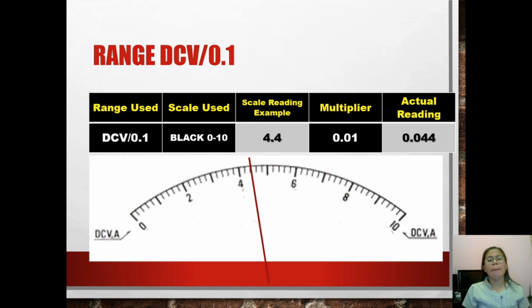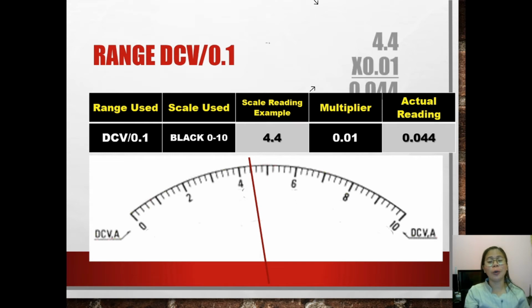If we apply the steps in DC voltage reading in analog multimeter, first we identify the range being used. So we identify the range and we identify the scale. Next, you read the scale. Fourth, you multiply what you have read on the scale. So multiply it by 0.01.